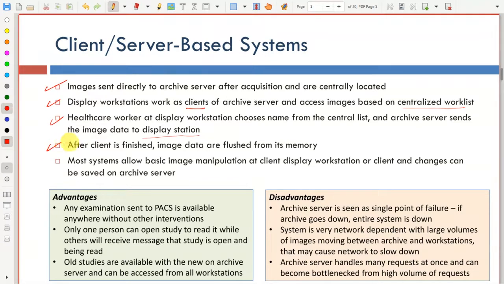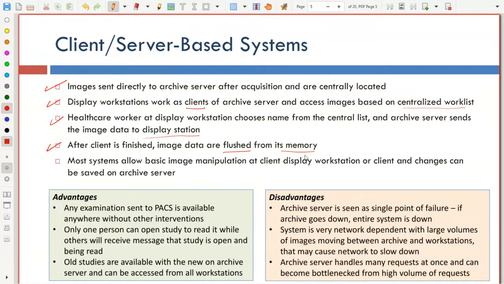After the client is finished, after the workstation is done, the image data are flushed from the memory. So you're getting a copy. You're not getting the actual data. This is very important. What the archive server sends the workstation is not going to move the data from the storage to that workstation. It's just going to copy it from there to the workstation.